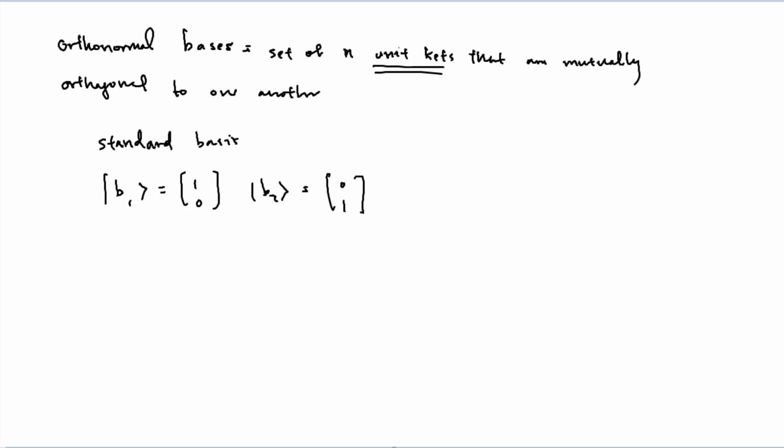Another example could be, say, 1 over root 2 and negative 1 over root 2 paired with 1 over root 2 and positive 1 over root 2. And if you plug this into the relationships that we defined earlier, you'll find that when you multiply them together, the product is equal to 0.